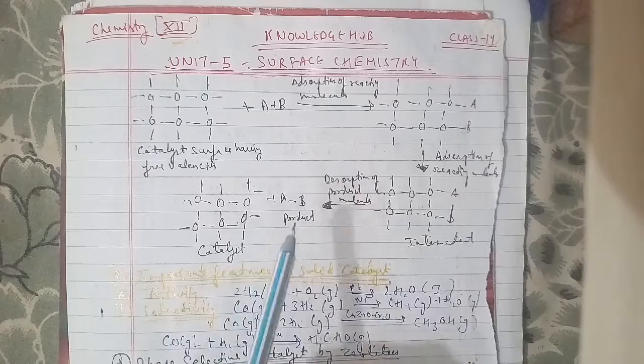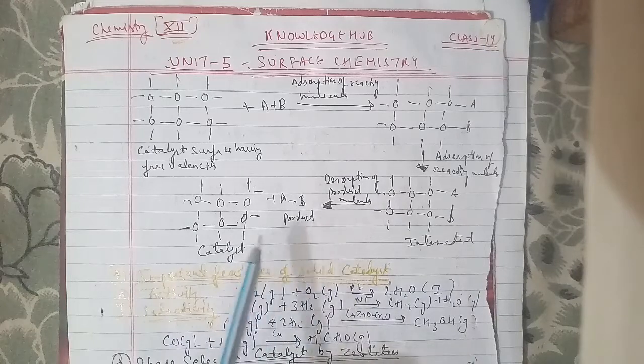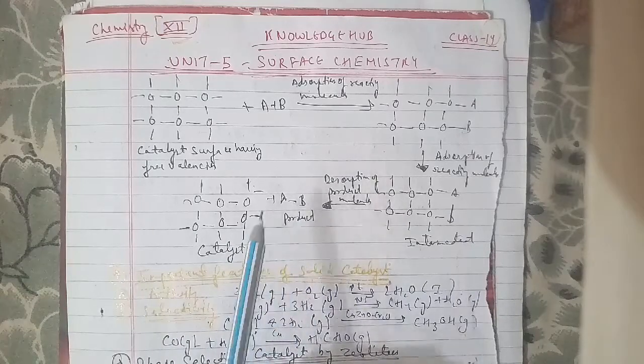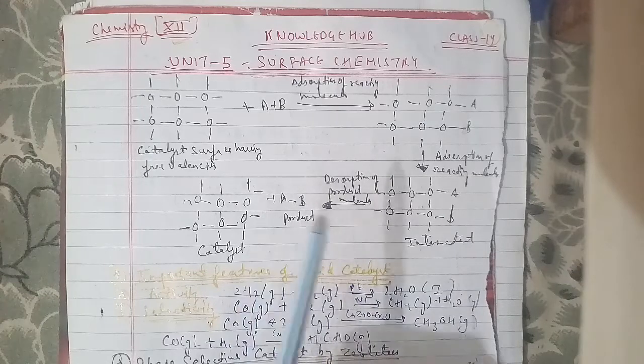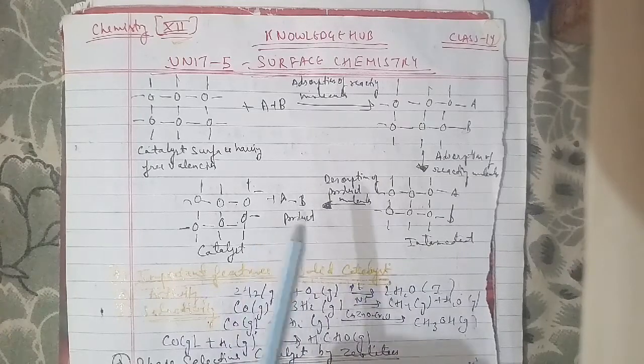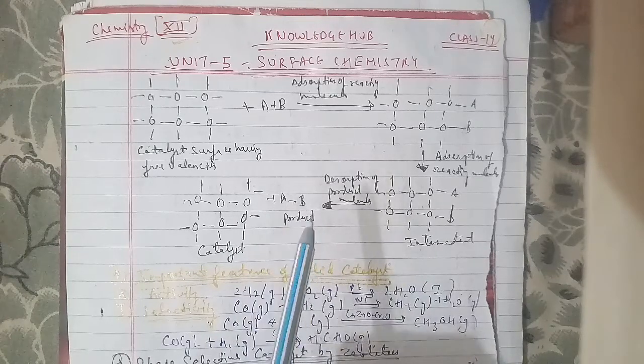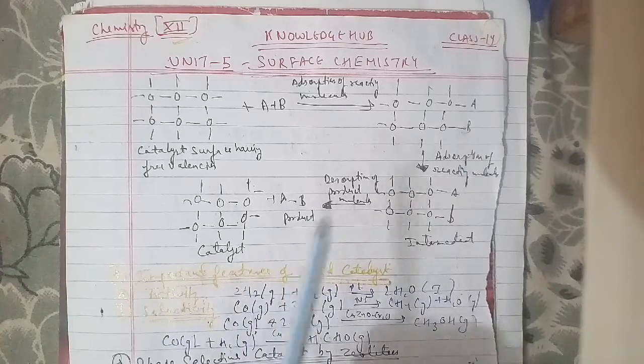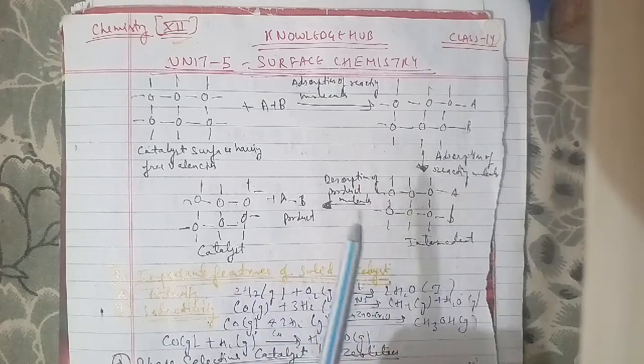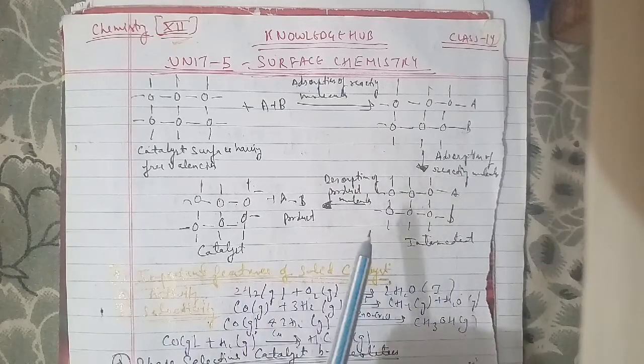Zeolites are very widely used as catalysts in the petrochemical industries for cracking of hydrocarbons and isomerization. An important zeolite catalyst used in the petroleum industry is ZSM-5, and it converts alcohol directly into gasoline, petrol, as I have told you.